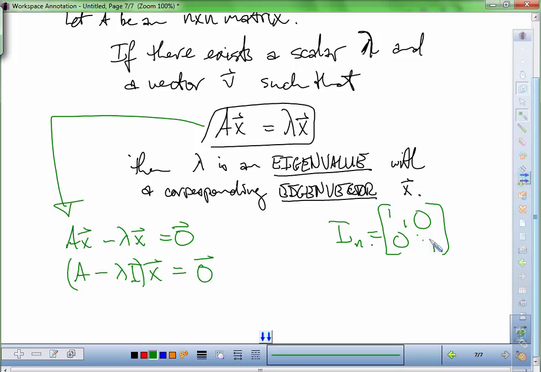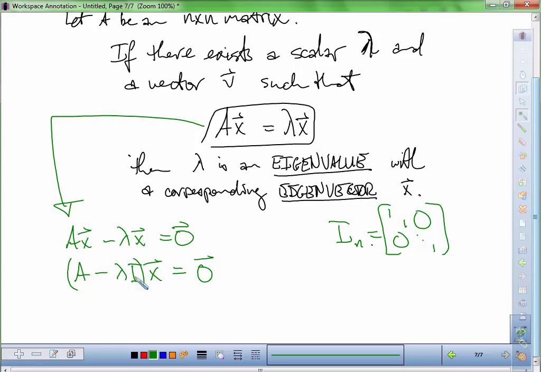And if we do that, now at least we're dealing with a matrix A minus another matrix lambda times I. And then now you're dealing with something that you can legally do. So this is going to be the way to find it.